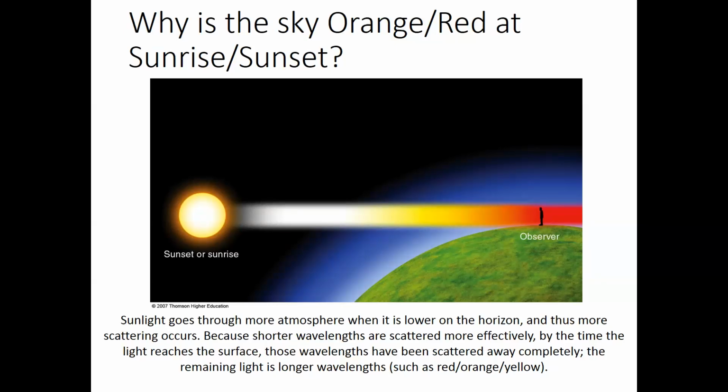And so by the time this light reaches the surface, it usually looks orangish and red. So that's why the sky is orange or red at sunrise and at sunset when the sun is lower in the sky. It's because the sunlight has to travel through much more atmosphere, and all that blue light is scattered away.